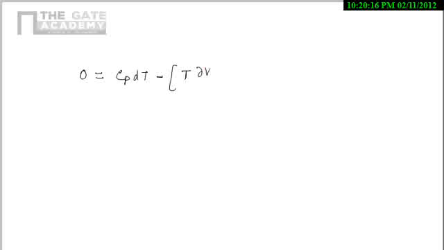So now I will get 0 equals Cp dT minus T (del V by del T) at constant pressure minus V dP.